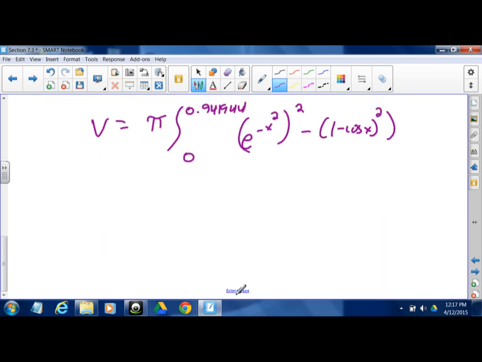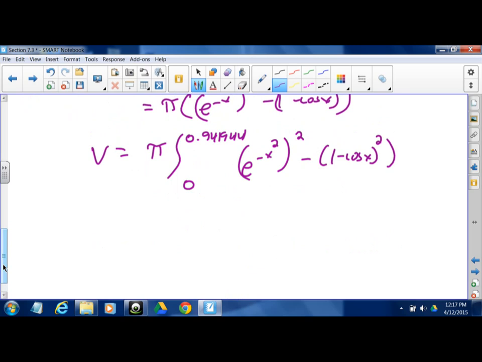Because your AP problems are going to look just like this, pause the video and go try to find the number. Inputting things into your calculator is extraordinarily important. You should get 1.747. Alright, that's the volume for part B.